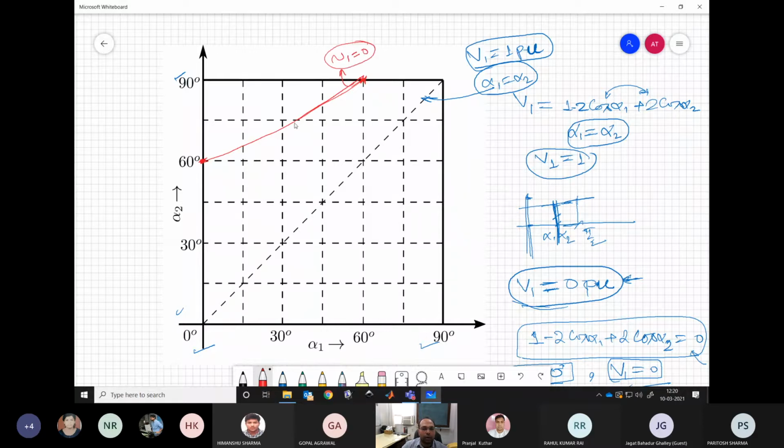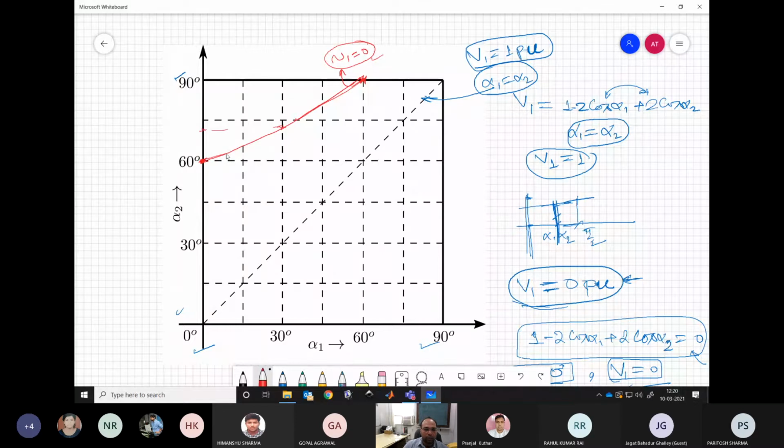Suppose you take this value, let's say 30 degree of alpha 1, you will find some value of alpha 2 which will be close to, let us say, 70 degree or something like that, maybe 71 or 72 degree. So this is how you are going to get these angles.